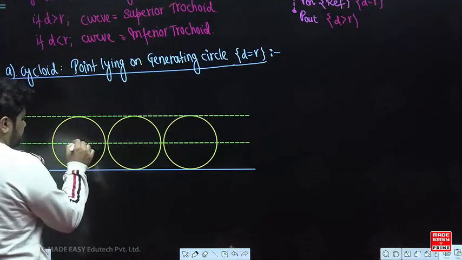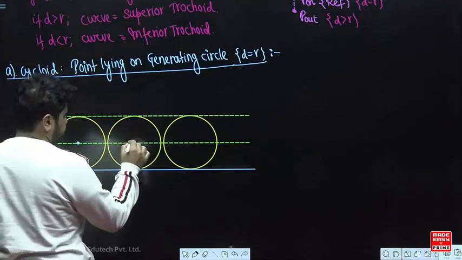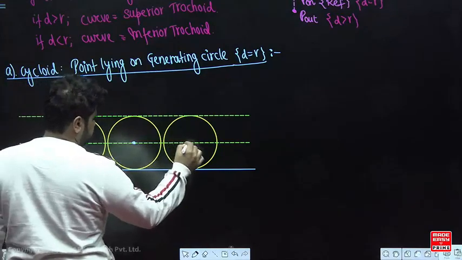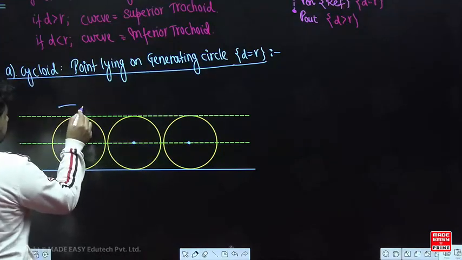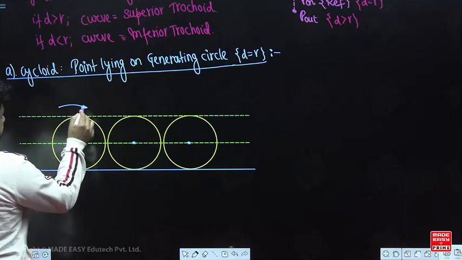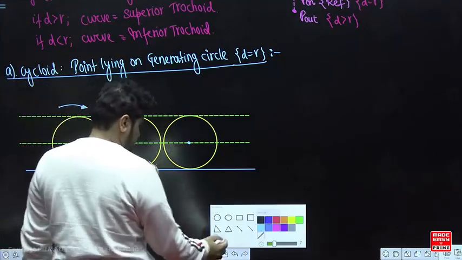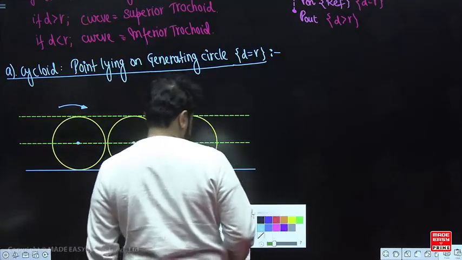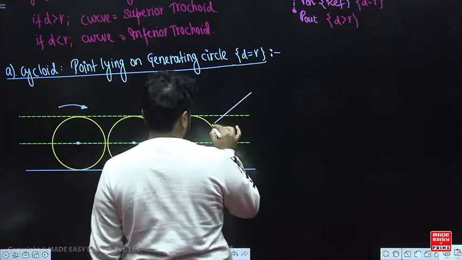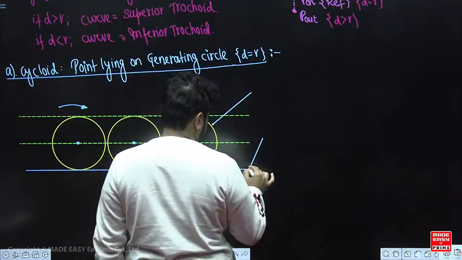Let us say these are the centers of this circle. The circle is rolling in the forward direction, correct? So what is the name of this circle? This is a generating circle, this is a directing line.